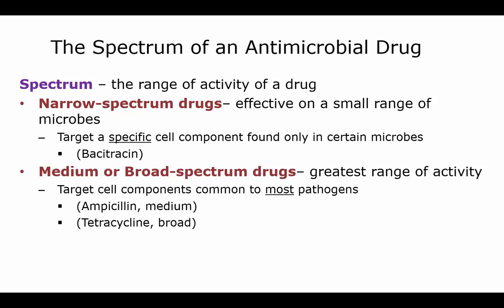Now, if we look at the spectrum of the antimicrobial, we've already mentioned narrow spectrum, that's just a small range of microbes. They target a specific cell component that's only found in certain microbes. Bacitracin is one. If they're medium or broad spectrum, they have the greatest range of activity, and they target cell parts common to most pathogens like ampicillin and tetracycline.